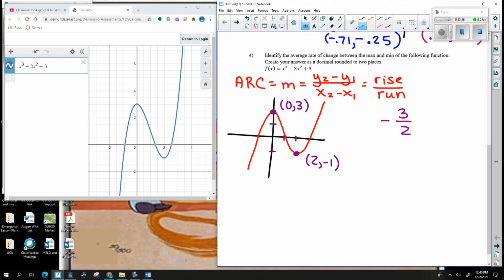But if you get confused by all the lines and grid marks on the Desmos calculator, I get it. You may want to go with the second strategy, using this equation right here: y2 minus y1 over x2 minus x1.